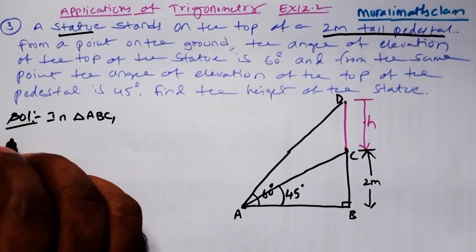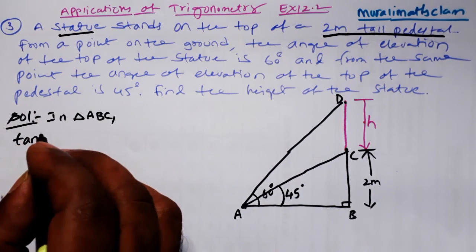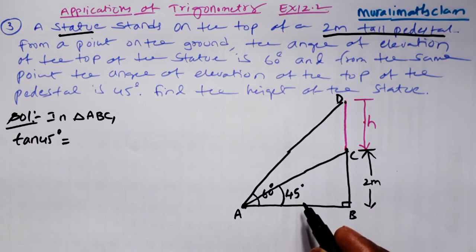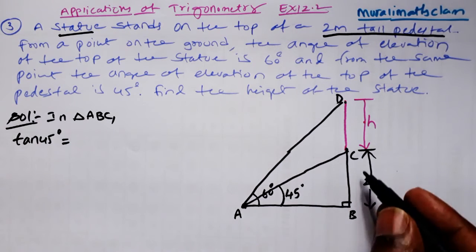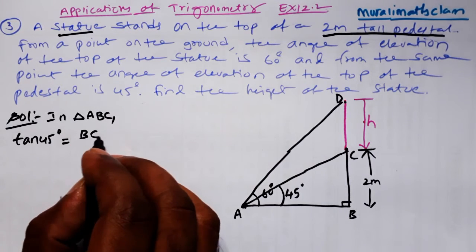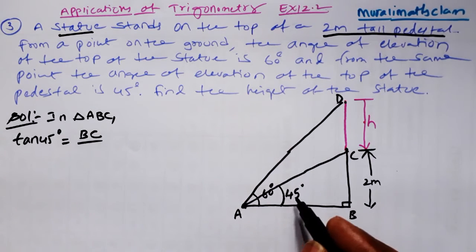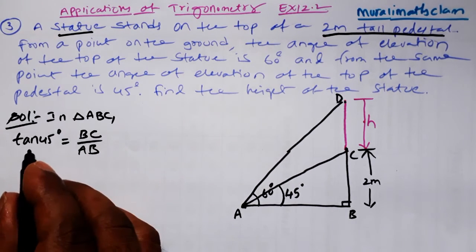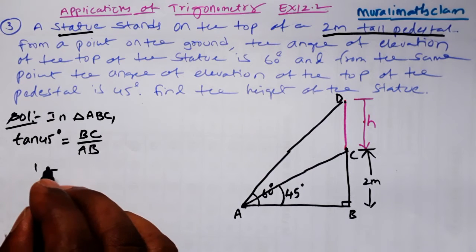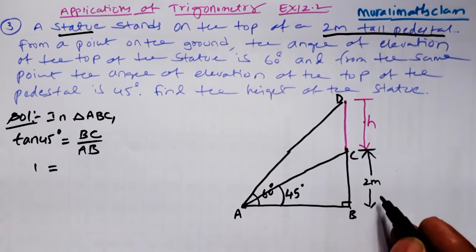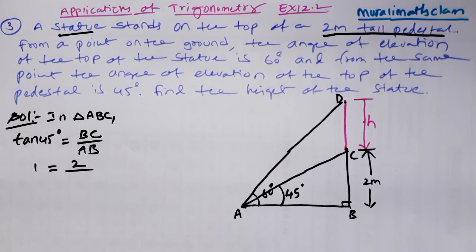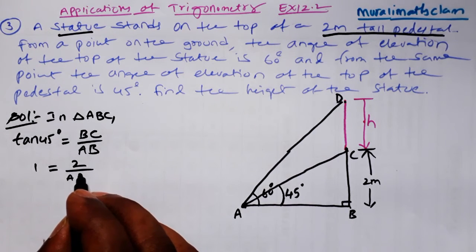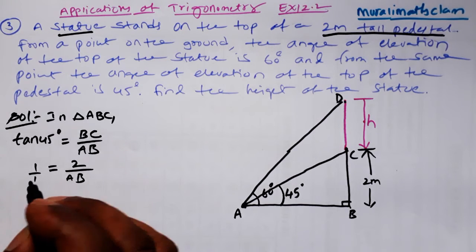In triangle ABC, you apply tan 45 degrees equals opposite BC over adjacent AB. Tan 45 value is 1, equals BC, which is 2 meters, divided by AB. 1 is written as 1 by 1.